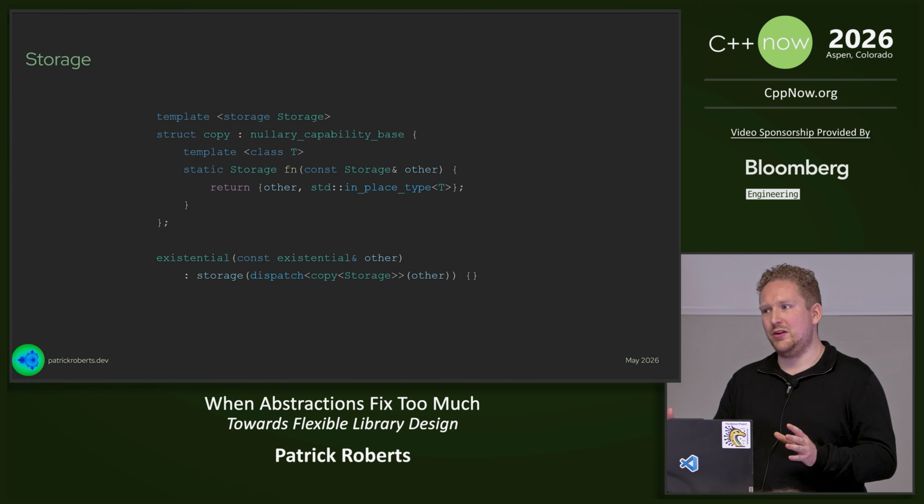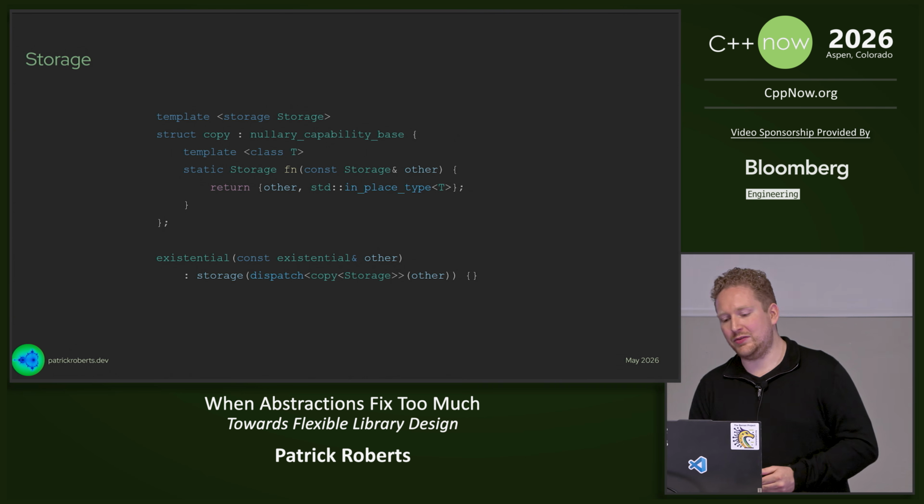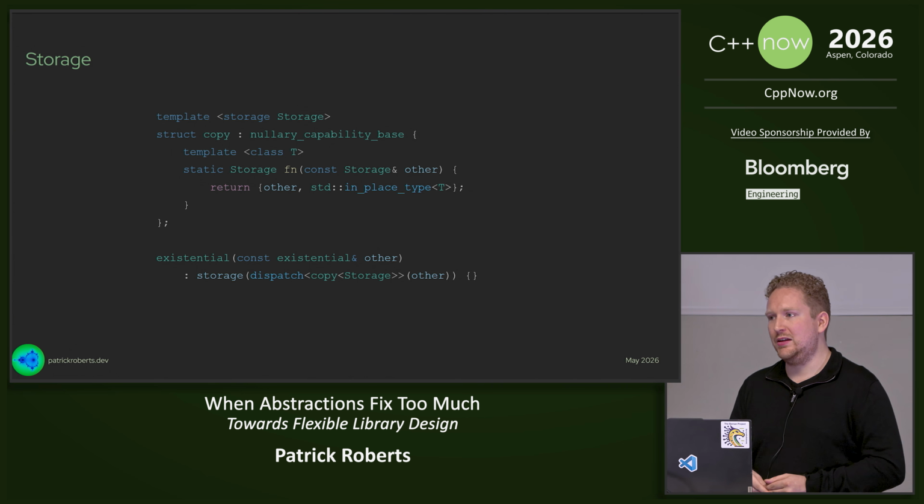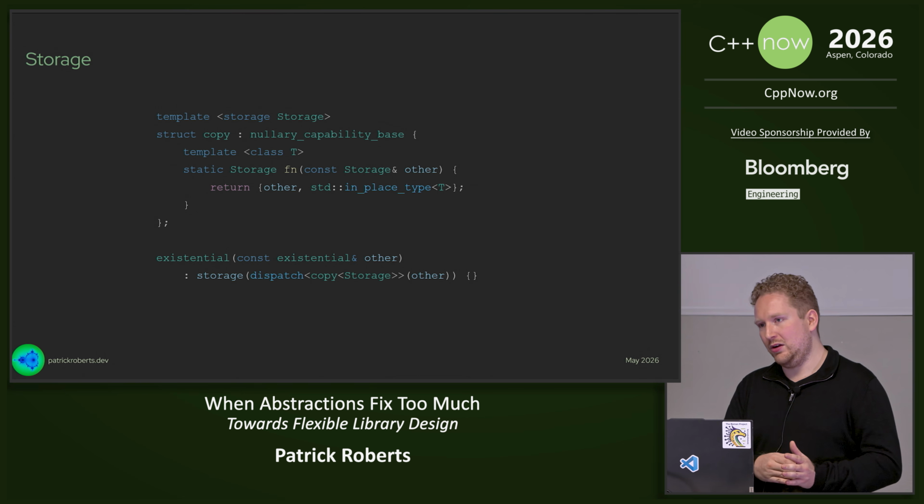But there's this weird dissonance between the syntax and how the dispatch mechanism works, where you're actually dispatching on other, not on this, because it is a capability of other. I always thought that was kind of a strange thing. I never really questioned that syntactic choice in C++ until I was working on these mechanisms and realized that there's a dissonance there.